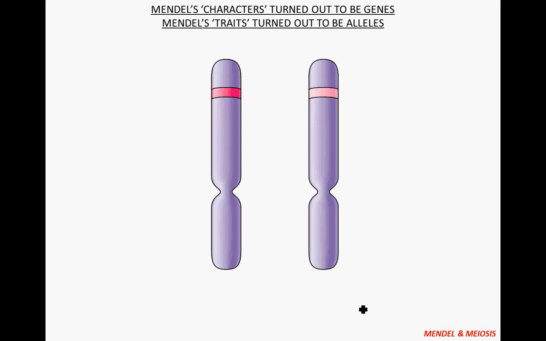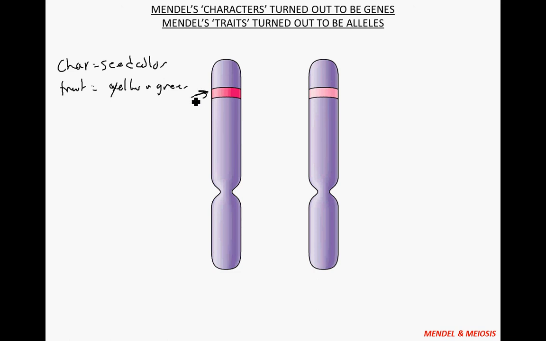Mendel used the term character and trait. It turns out that his character, like seed color, and then the trait for seed color was either yellow or green. It turns out that what we now call the characters are actually the genes, and the gene is at the locus.